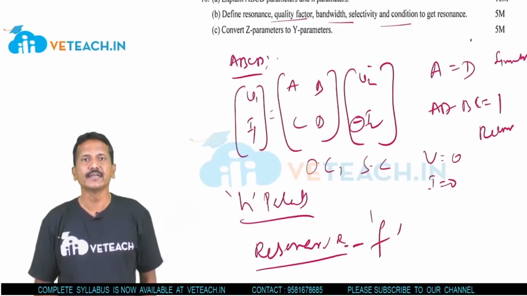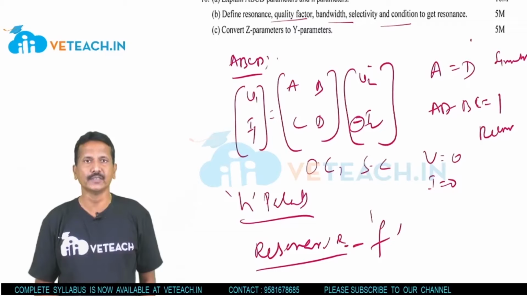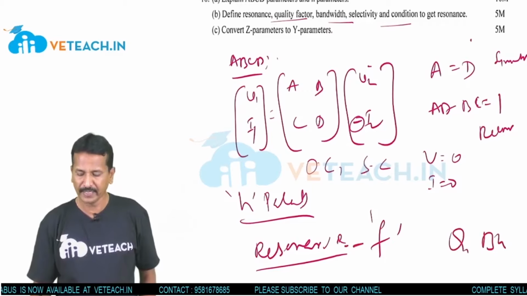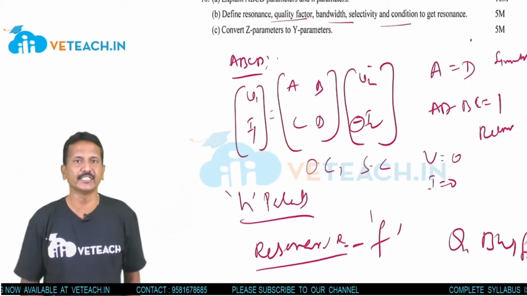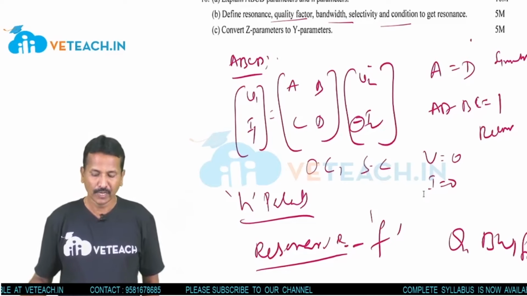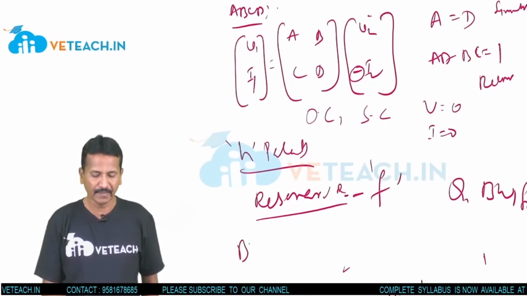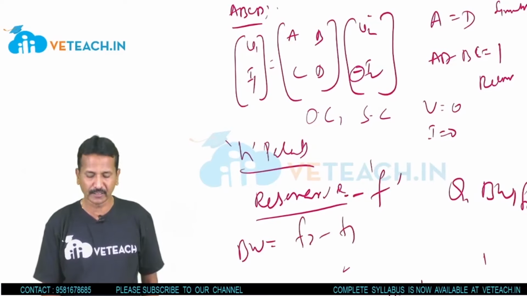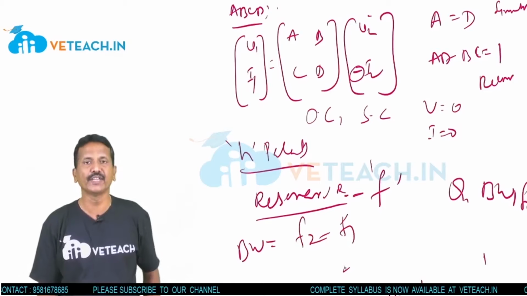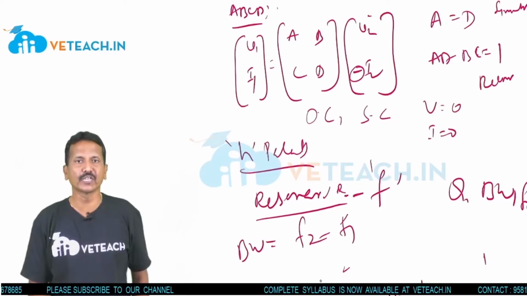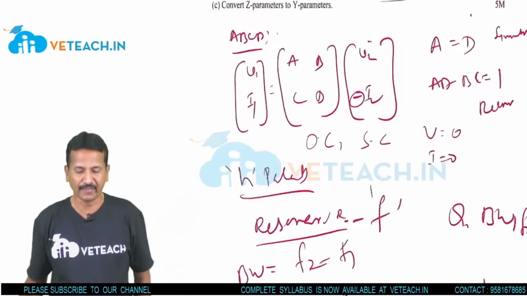It gives the value which is good, and quality factor also depends upon the bandwidth as well as the resonant frequency. Bandwidth is the difference between two frequencies, f2 minus f1, or upper cutoff frequency minus lower cutoff frequency.